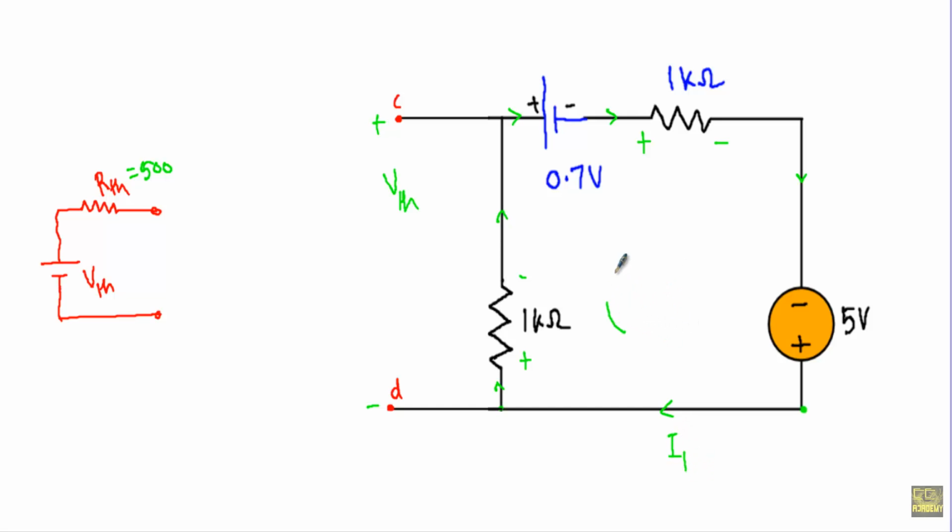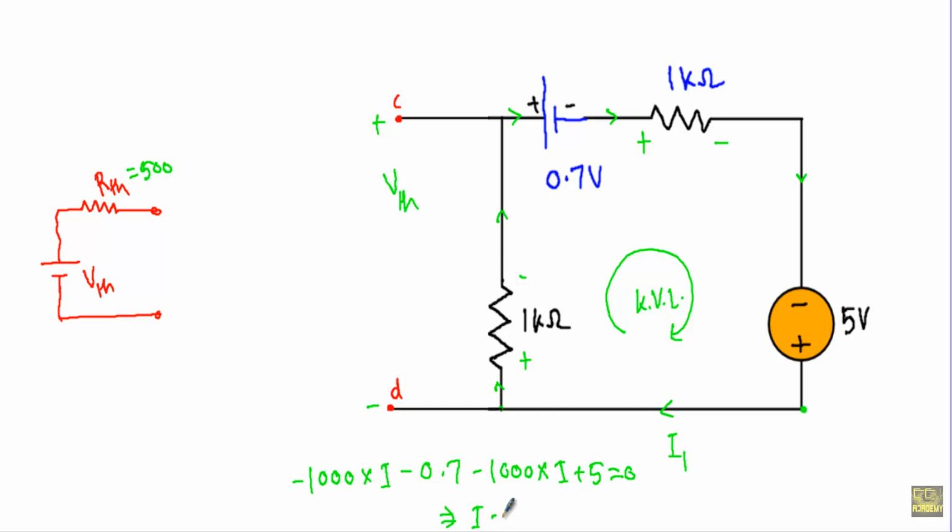Now if I apply KVL in this circuit, I will get minus 1000 into I minus 0.7 minus 1000 into I plus 5, which will be equal to 0, from which I can calculate our I will be equal to 4.3 divided by 2000, which will be equal to 2.15 milliampere.